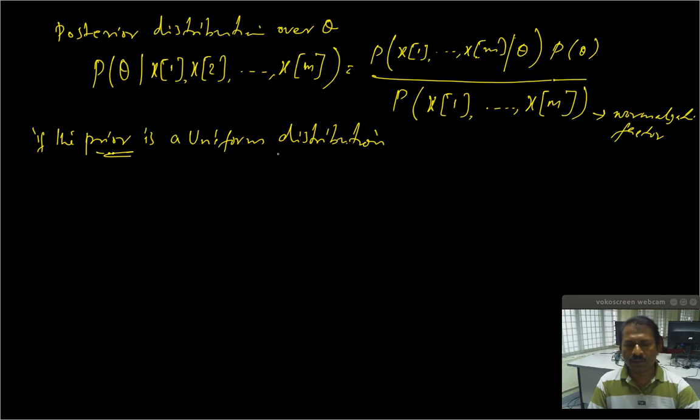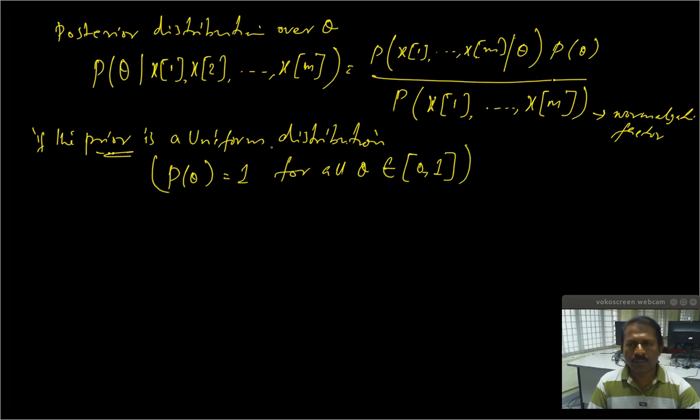So this is the meaning of uniform distribution. So P of theta is 1 for all theta belonging to 0, 1, right? So this is the meaning of stating the prior is a uniform distribution.